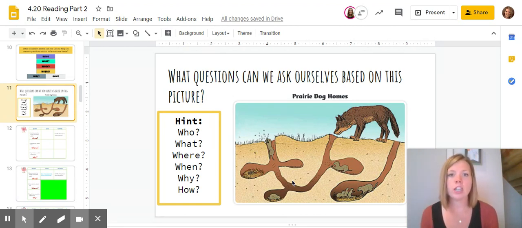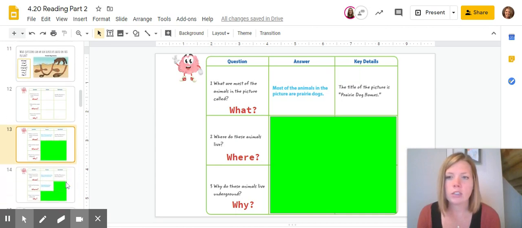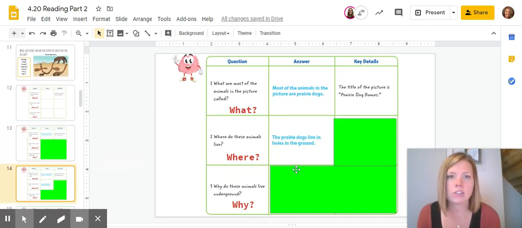However, from the picture, I can see that these prairie dogs live underground. So here's the ground. Where are they? They're living underground. And so if I go back to my chart, in that answer section I'm going to write what I see from the picture. The prairie dogs live in holes in the ground.